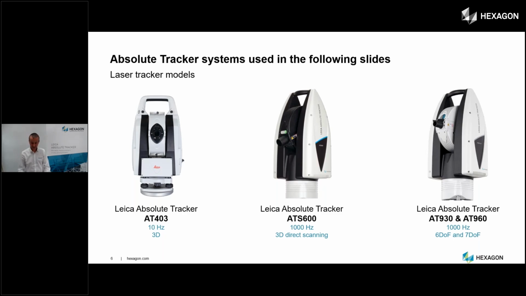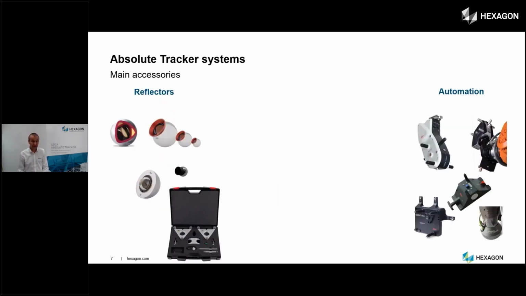So these are the three different models of the laser trackers. Trackers can also be used for automation, what you see on the right side, to calibrate robots, but that's not the target of today's presentation. What you see on the left side, further down, is the roller alignment kit. We renewed it, and today we want to present it to you and how it's used.